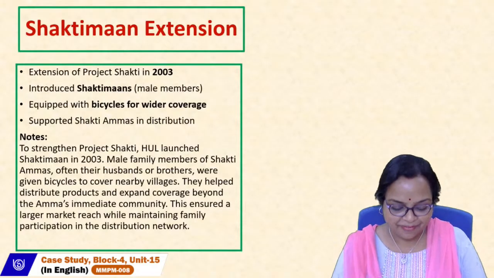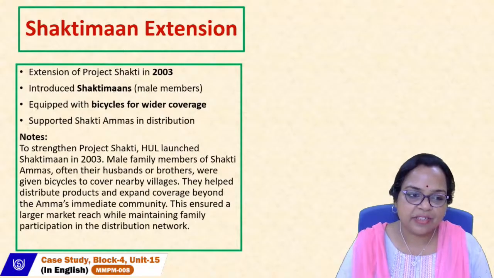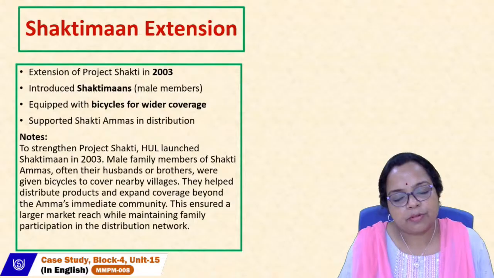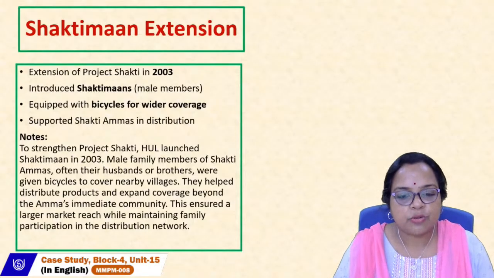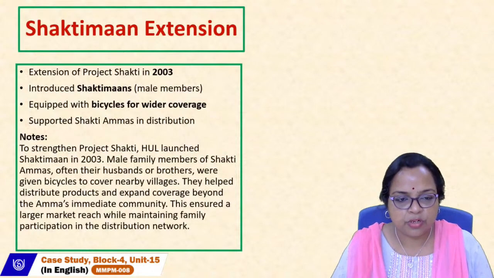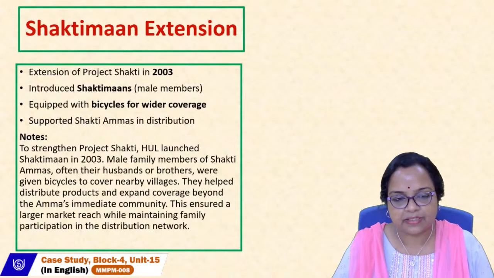So this was interesting because once the women are involved, they were the immediate influencers for the male members of the family, let it be her husband or brother, and they also got a chance to earn more by selling the company's products to house to house village buyers.